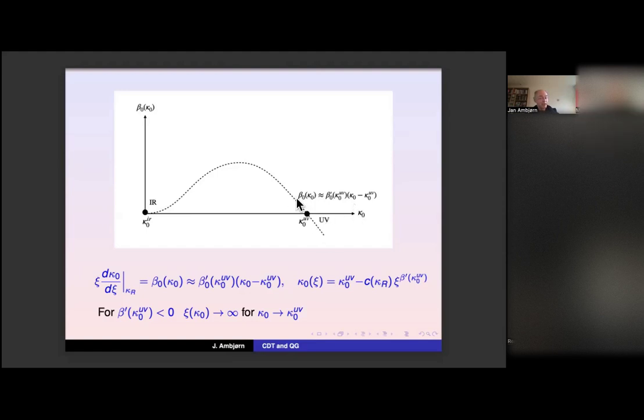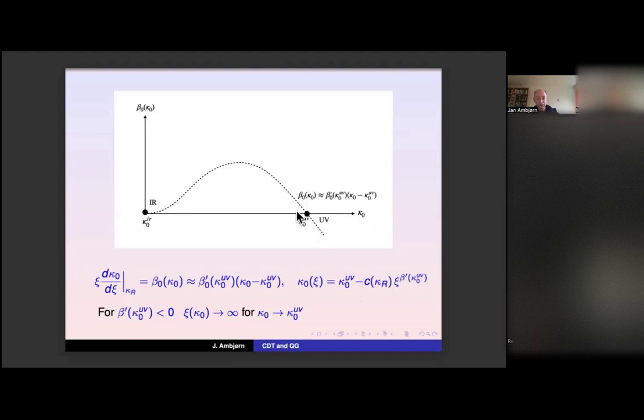Here we can just approximate it by its linear form, and then we can integrate it, and what we get is that χ0 as a function of the correlation length is given by the ultraviolet value of the fixed point, and then some power correction.